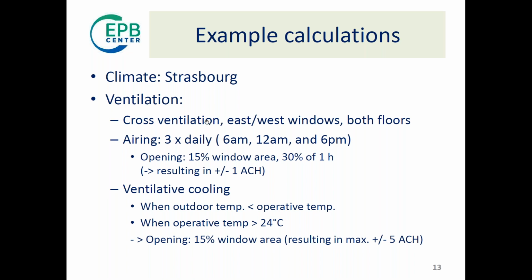So the type of ventilation is cross ventilation. And there are two regimes of operating the window opening. One is just for airing, just 3 times a day at 6 a.m., at 12 a.m. and at 6 p.m. The windows are opened for a certain amount. Actually, the window opening is defined as 15% of the total window area of these two orientations in the example.